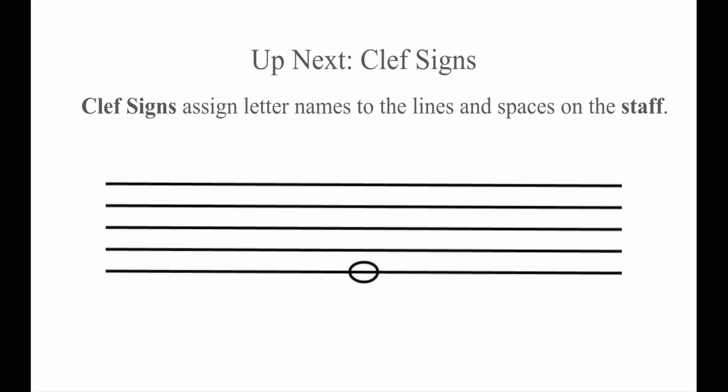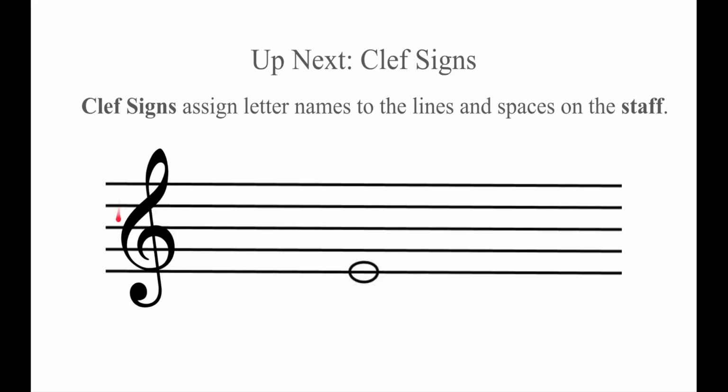Well, some of you, particularly if you have some experience reading music or playing piano, may be thinking to yourself, oh, Miss Cavallero, why can't I just call this note E? I already know that line 1 is E. Can I just call this note E? And the answer is no, because you actually don't know for sure if this note is E unless you have a treble clef at the beginning of the line.